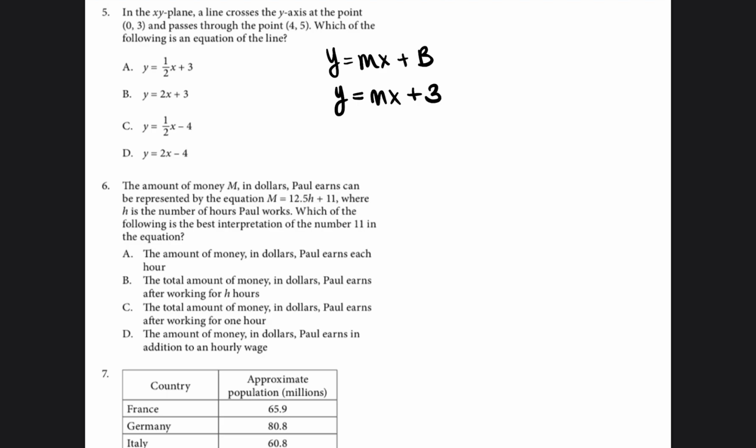And then we'll just have to figure out, it says it passes through the point 4, 5. So 4, 5 is an xy point. So y would be 5, which is equal to m, and then x would be 4.